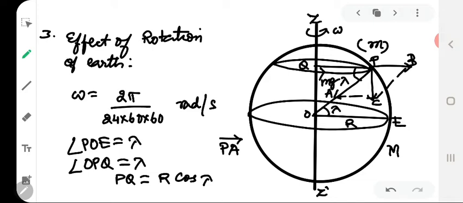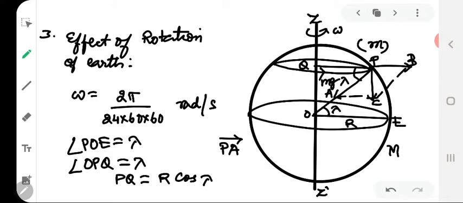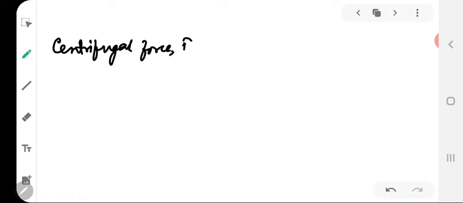The centrifugal force on the body due to rotational motion of the earth acts along radius of the circular path and in outward direction. So the magnitude of the centrifugal force Fc is given by mass of the body into radius of circular path into omega square.